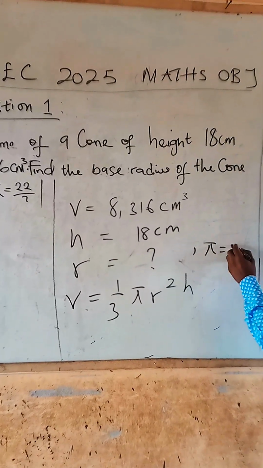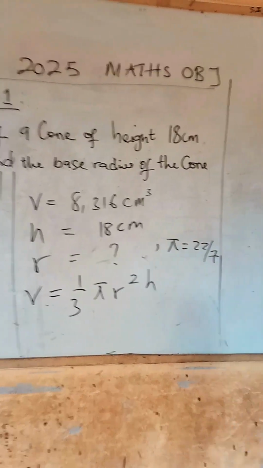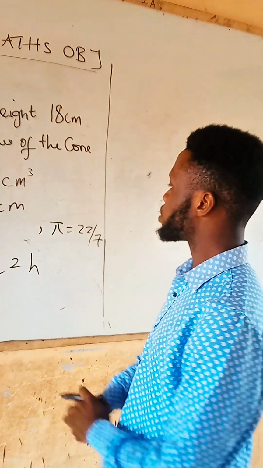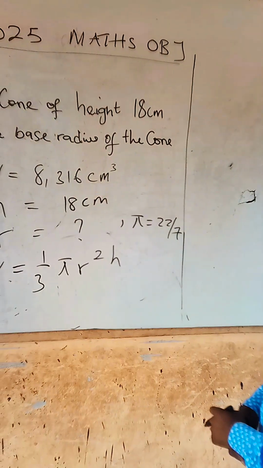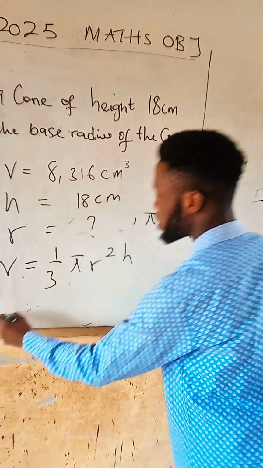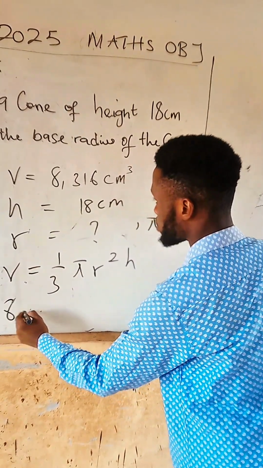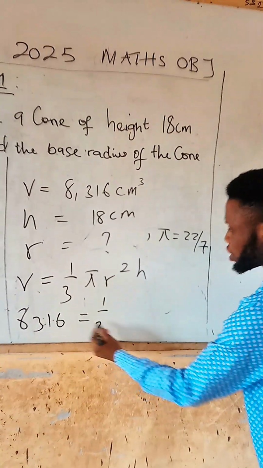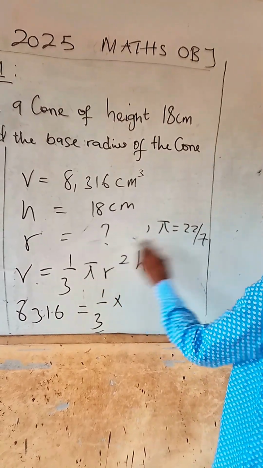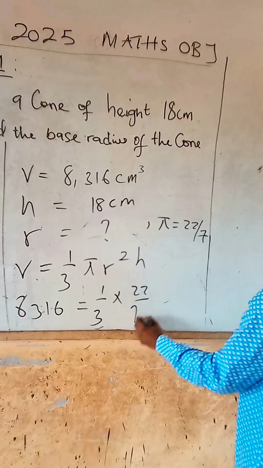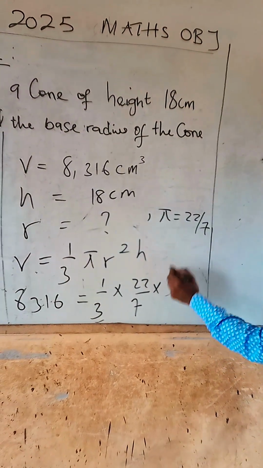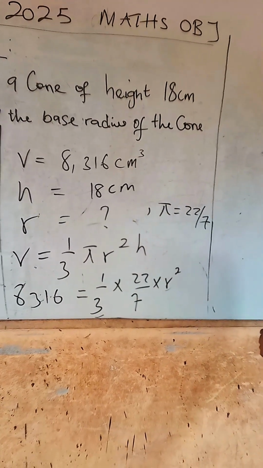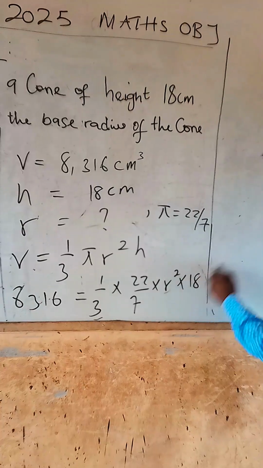By substituting all our terms, we have 8,316 equals 1 over 3 times pi, 22 over 7, times the radius r squared, which is the unknown, times 18. So hope you are following me.